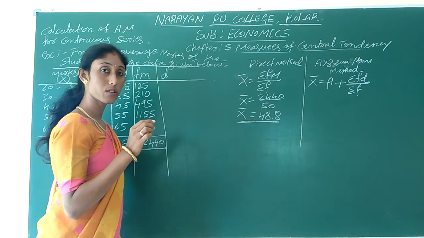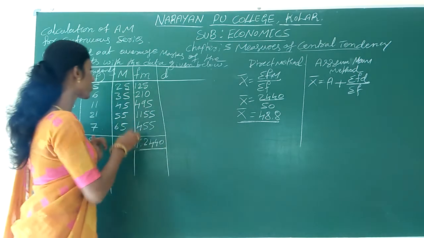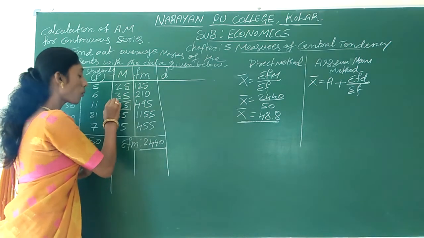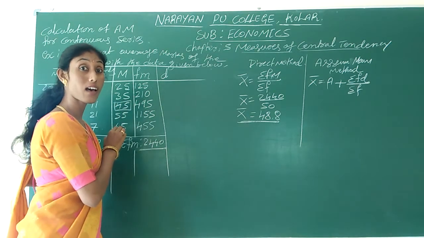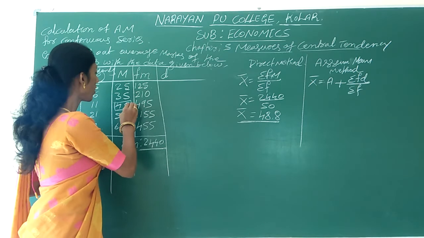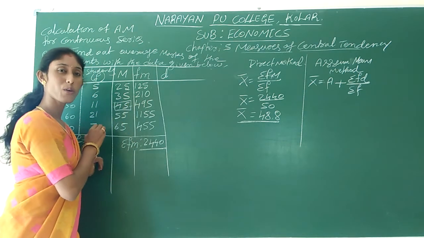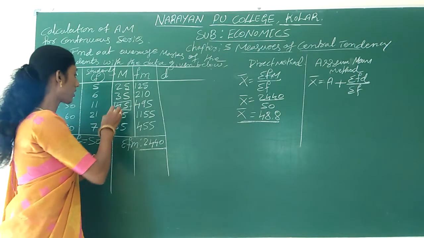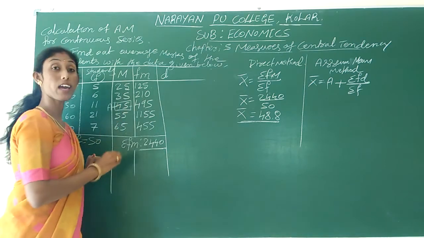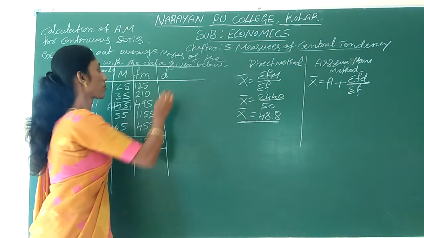Before going to the deviations, first we need to take any one value in the observations as an assumed mean. Here, the center value is 45. Then we will take 45 as the assumed mean.